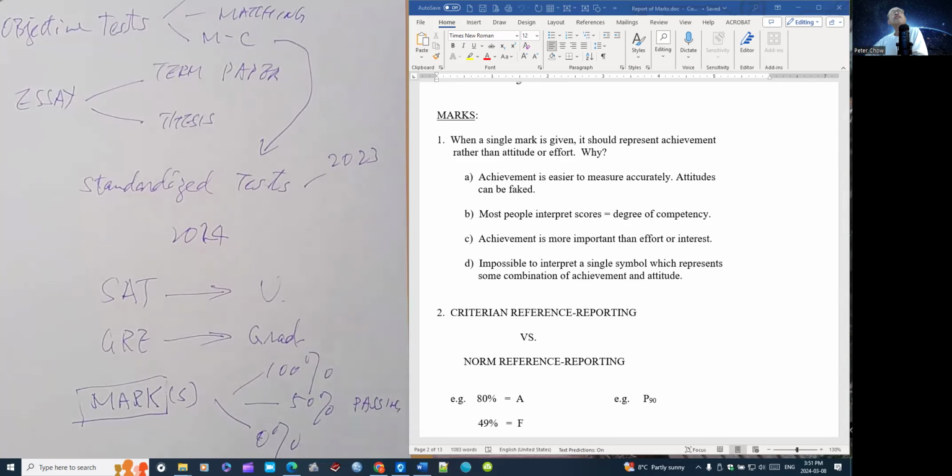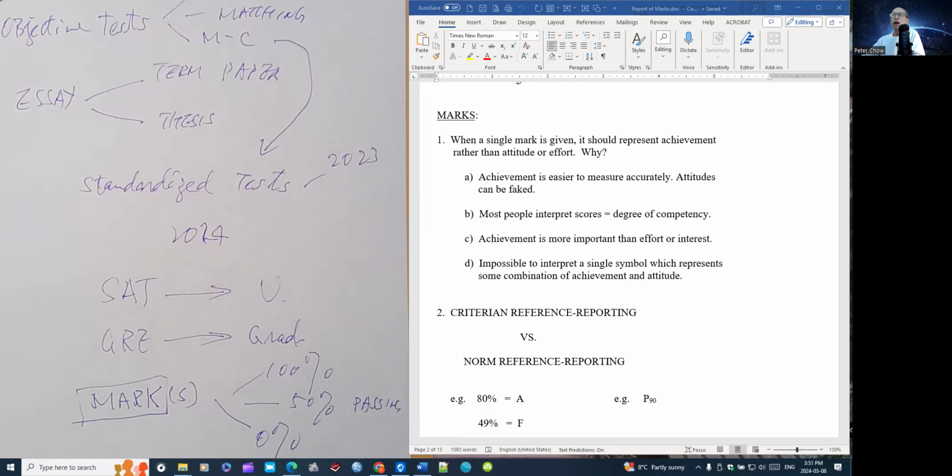Well, achievement is easier to measure accurately. Attitude can be faked. You cheater. Okay, so this is true all across the world, all schools and all educational institutions. This is true.